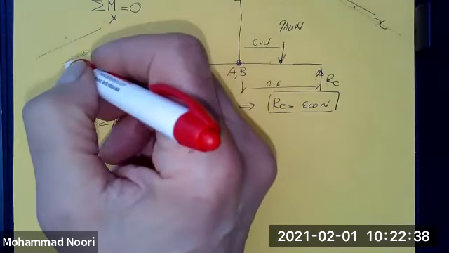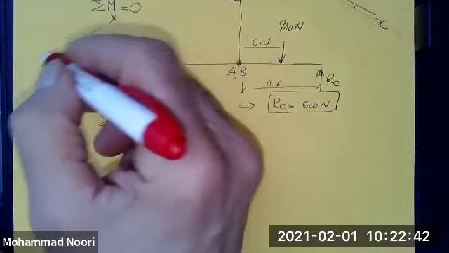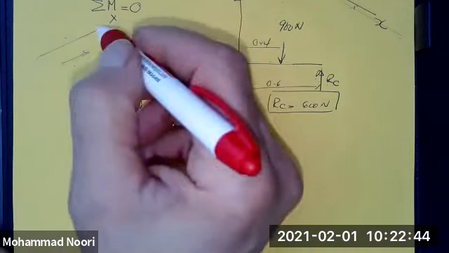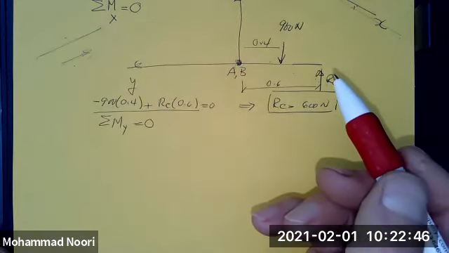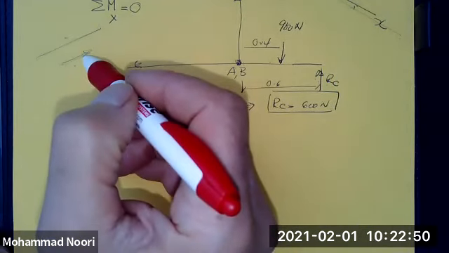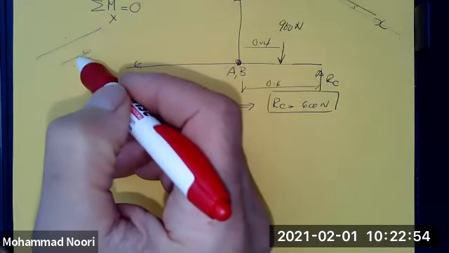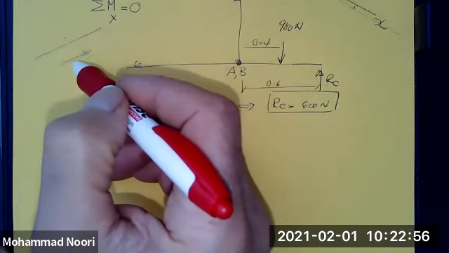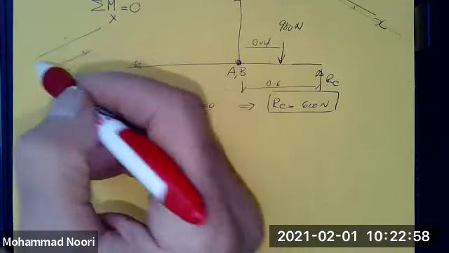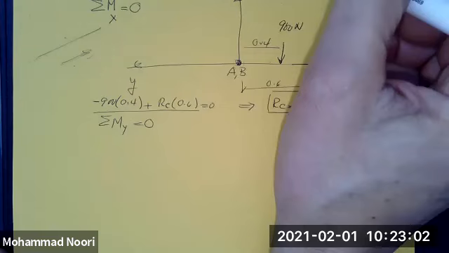Can this force cause rotation about an axis that is parallel to it? No, that would be 0. You cannot rotate something about an axis that is parallel to a force. So this doesn't generate any moment.